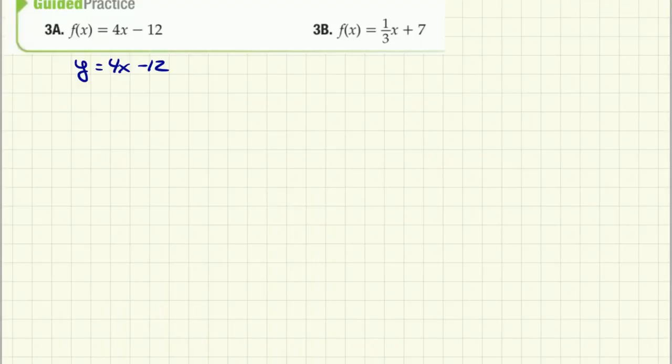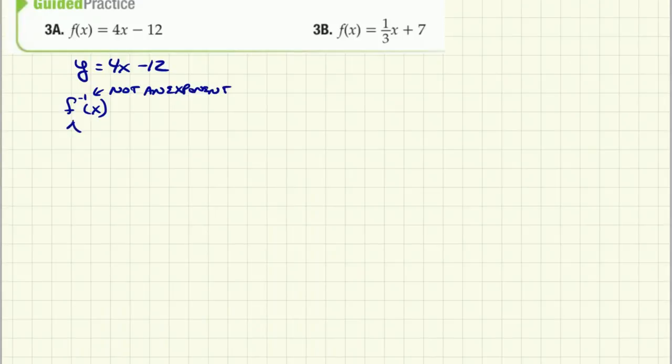When we're dealing with an inverse function, the inverse notation is written as f of negative 1, or f negative 1 of x. Now, this negative 1 is not an exponent. Do not confuse that negative 1 on top of the f as an exponent.